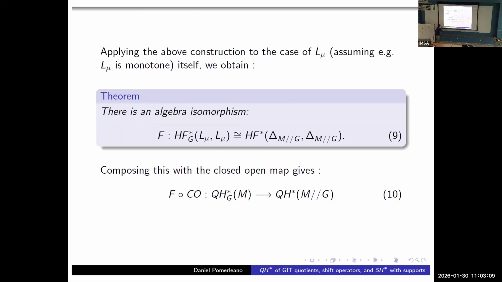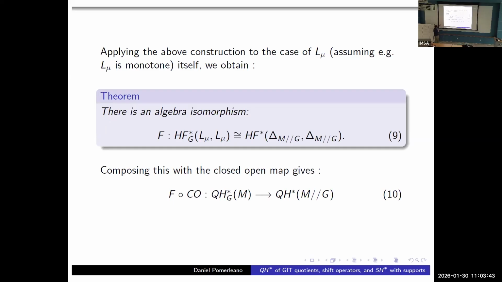Then this bimodule gives me an algebra isomorphism between the equivariant Floer cohomology of that Lagrangian correspondence and its reduction. What's the reduction of that Lagrangian correspondence? It's just the diagonal. And from the very beginning of mirror symmetry, the Floer cohomology of the diagonal is just the quantum cohomology.